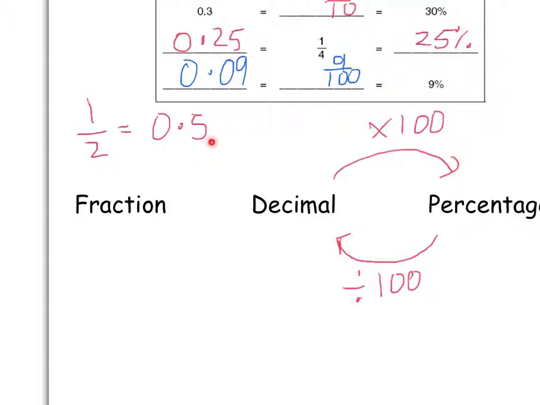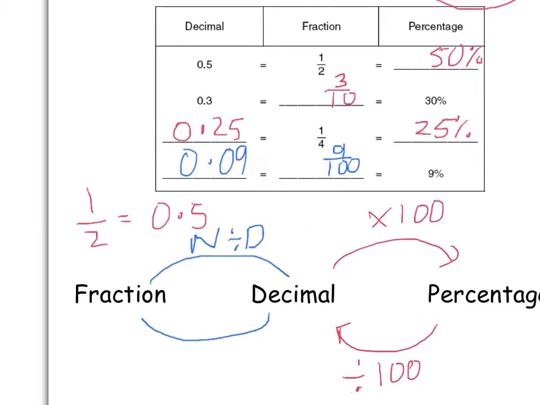So what we're doing here is the numerator divided by the denominator, and that is how you convert from a fraction to a decimal. You do the numerator divided by the denominator, and sometimes you might need to use a calculator for that, or it might be one of the easier values like 1/4, which gives you 0.25.